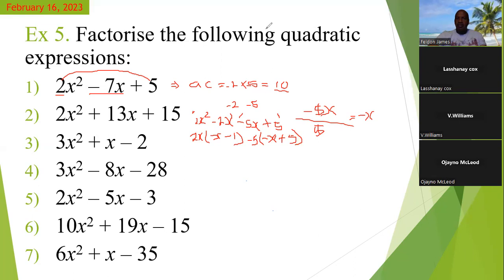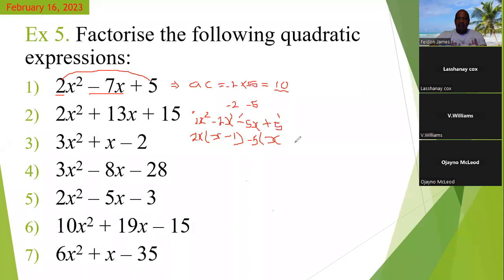No. And so in order to get them to be the same, that's why we are now using the negative 5, because we know that when we divide negative by negative, we get what sign? Positive. Right, so the negative 5 cancels the negative 5, giving you a positive x.